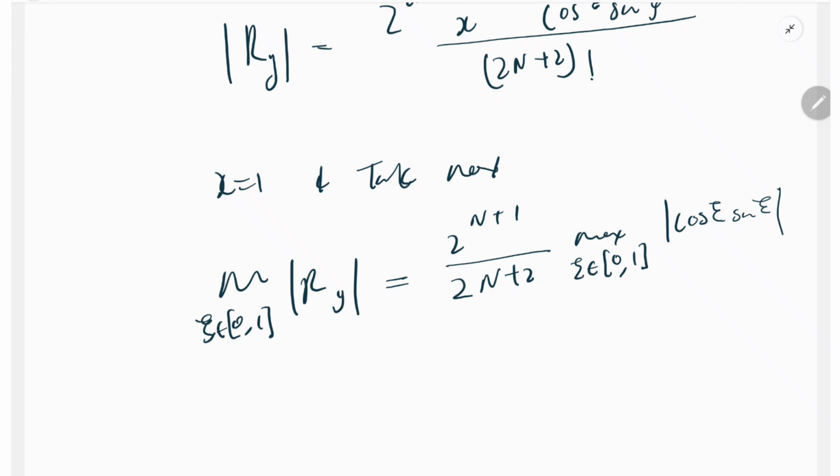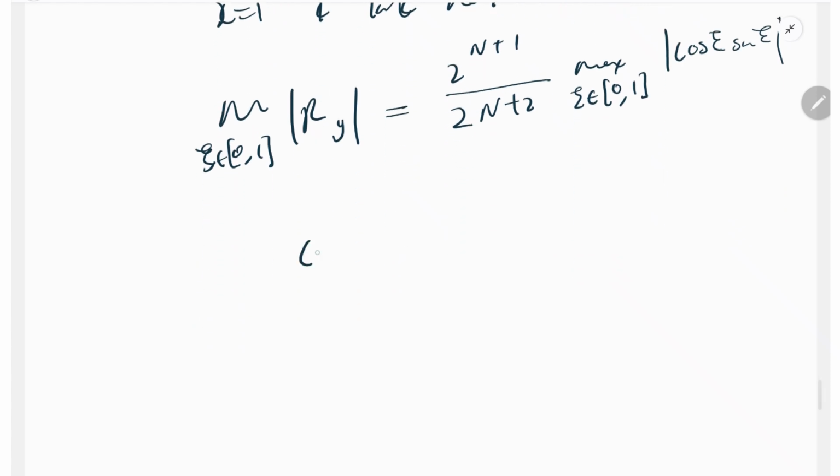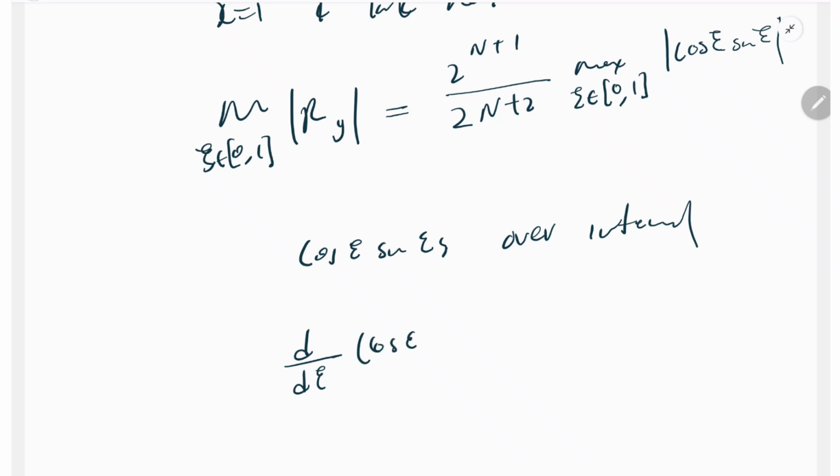My next goal is to maximize cos psi sine psi over an interval. To find a maximum over an interval, we differentiate, and then after differentiating you can find the turning point. That's what maximum means from your first year calculus, right?